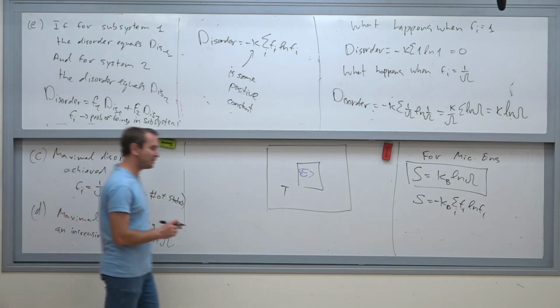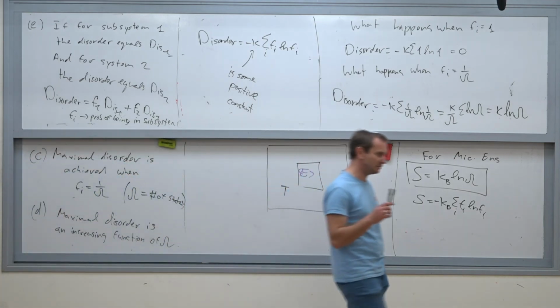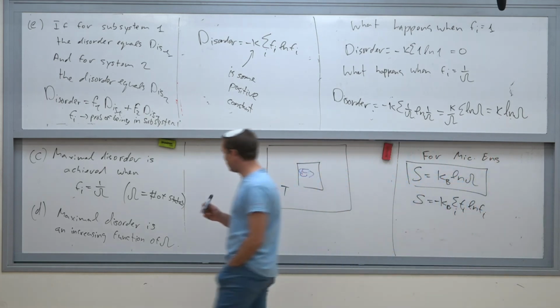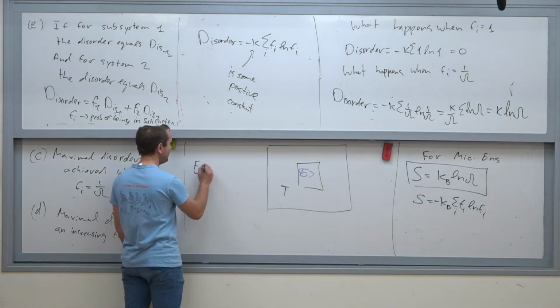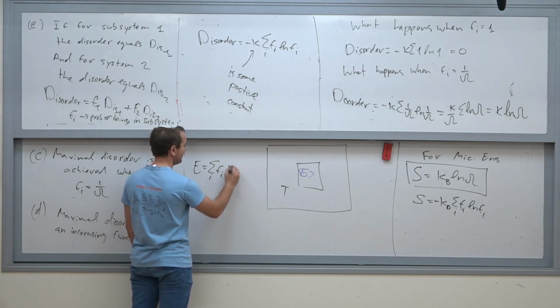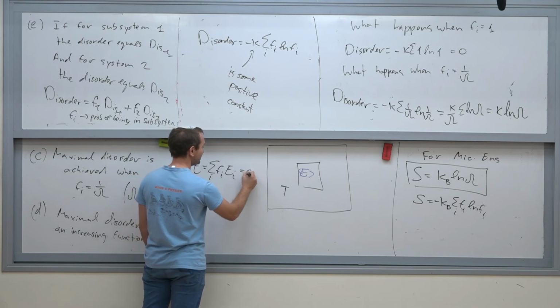So let's see what happens in the canonical ensemble. In the canonical ensemble, for the disorder, we have the assumption that E, which equals the sum of i, Fi, Ei, is constant.